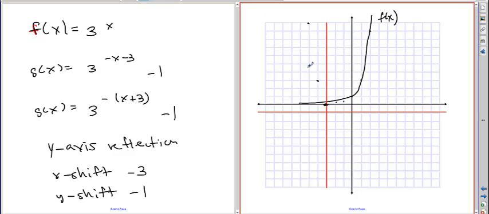I'm using the wrong color. I forgot that point. And then we'll go 1/3, 1/9. And again, this is going to be exponential decay. Except I just realized I did something wrong there.